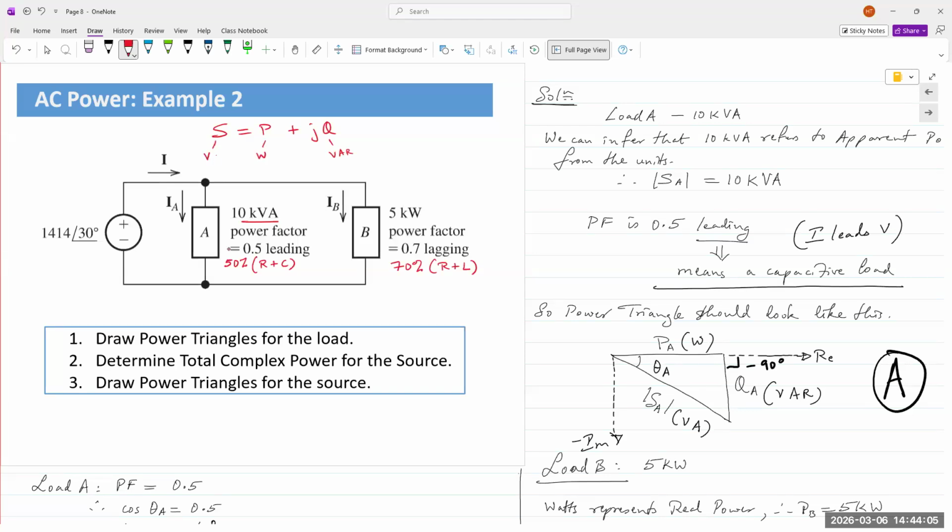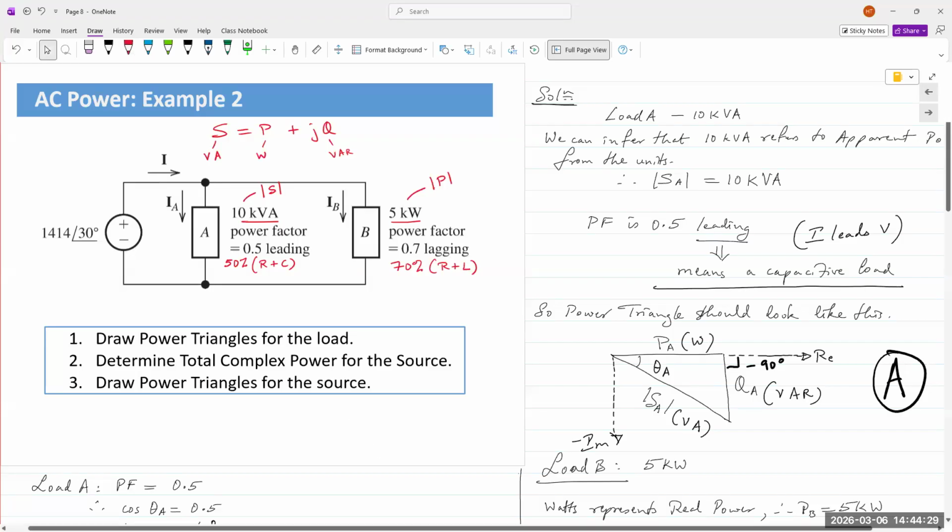Unit for S is volt ampere, VA. So more likely than not, this is referring to magnitude of S. 10 kVA refers to the magnitude of S. 5 kilowatts, on the other hand, is indicating resistive power P.